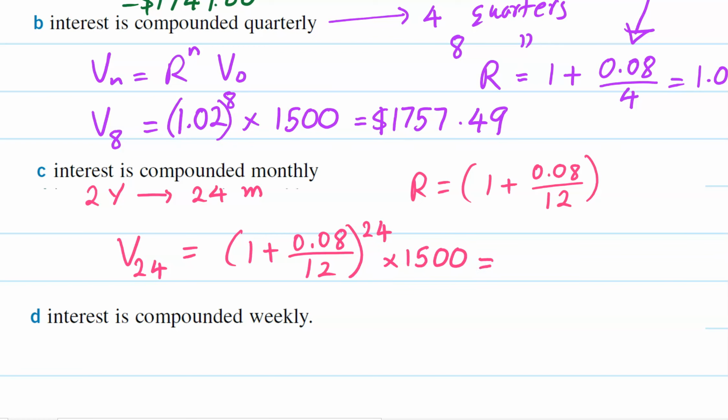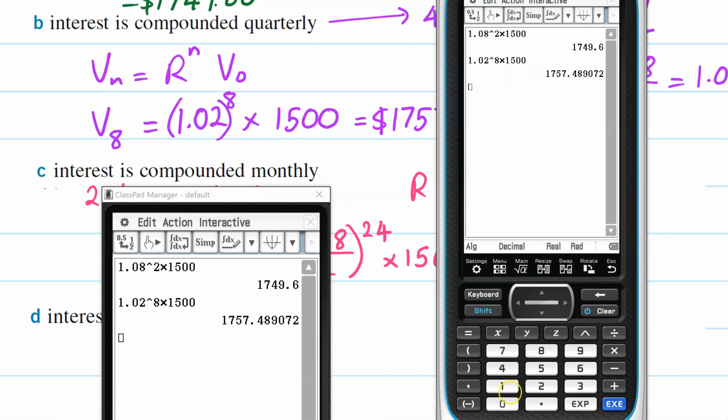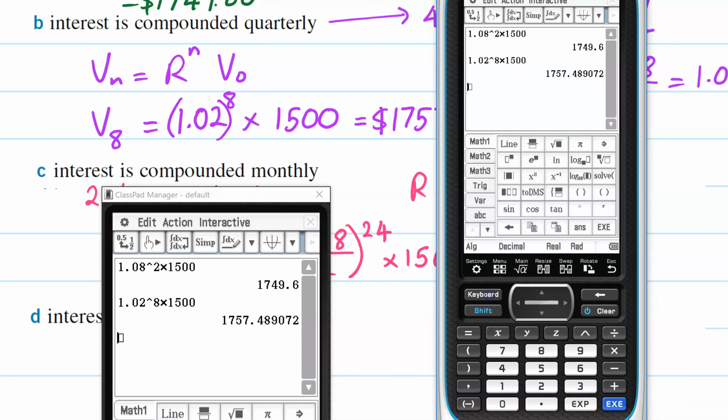Let's use the calculator again. Let's type 1. Now you need the brackets. Let me pull the keyboard up for this. 1 plus, I'm going to put the fraction as it was in my writing, 0.08 over 12, and then I'm going to put the power using the power button, and type 24.